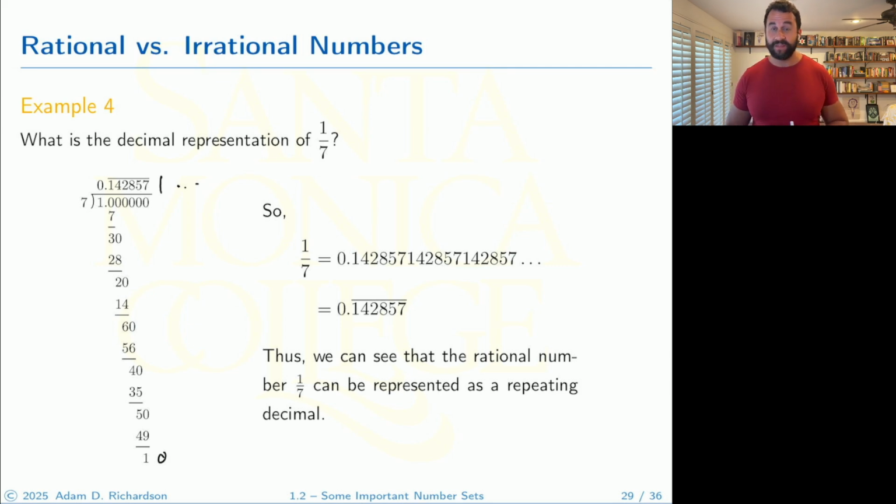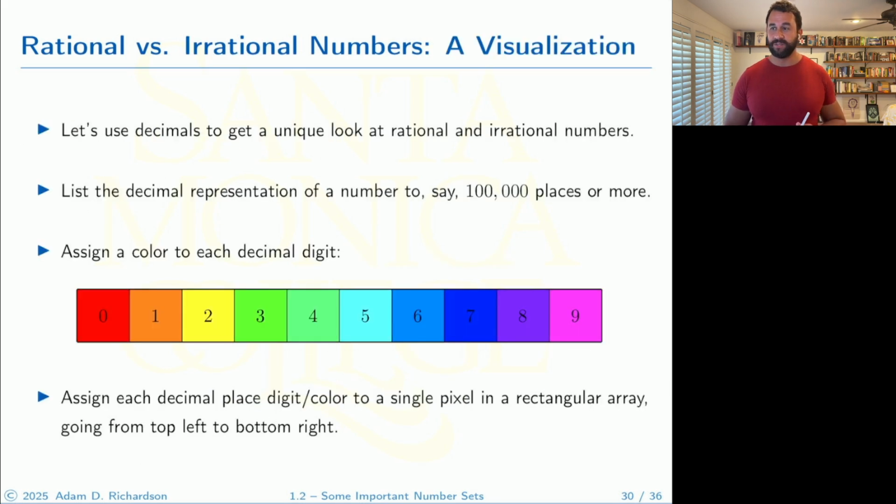All right, now let's check out some cool pictures. We're going to use decimals to get a unique look at rational versus irrational numbers. So pretend we're doing this. We're going to list the decimal representation of a number, say to 100,000 places or more, maybe a million places. And we're going to assign each digit a color.